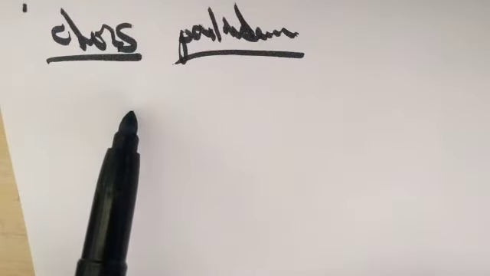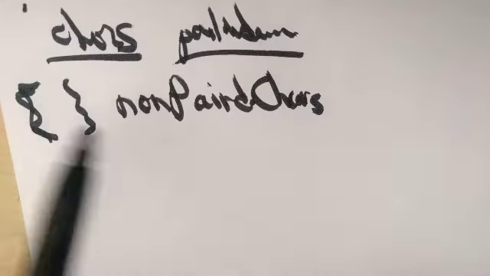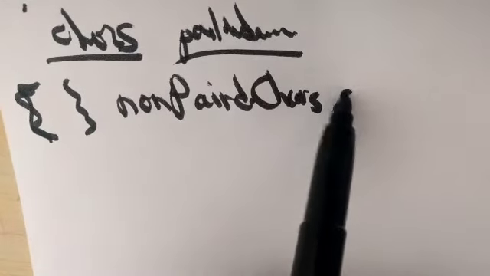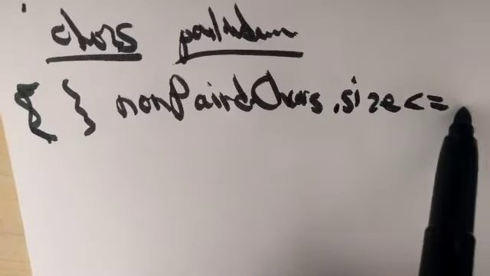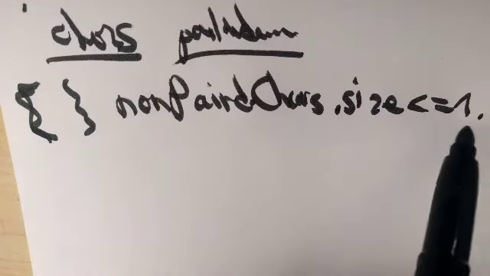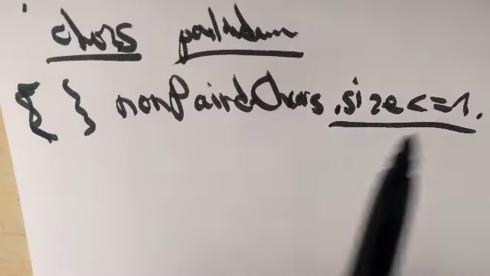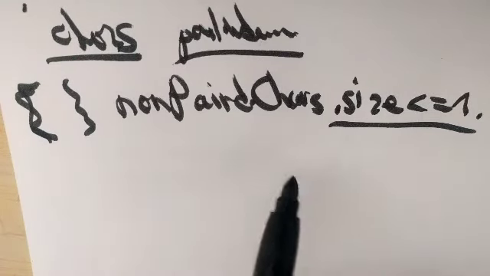It's simply if the size of the nonPairedChars, which if you remember was a hash set, is less than or equal to 1. If it's only 1 or 0, then we have a palindrome of a permutation of these characters.